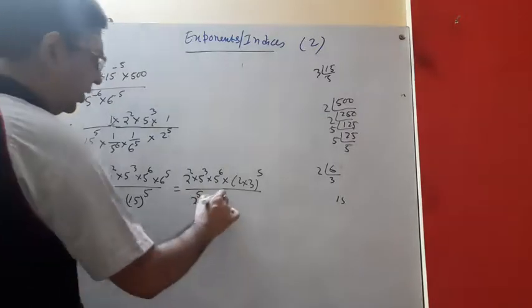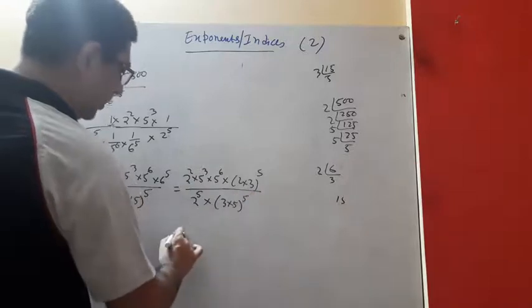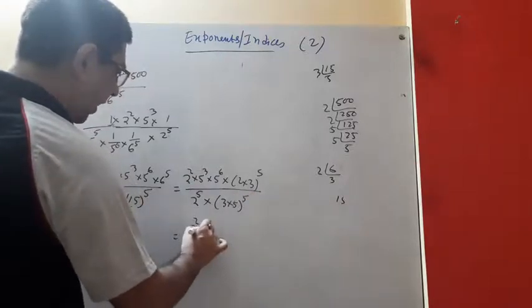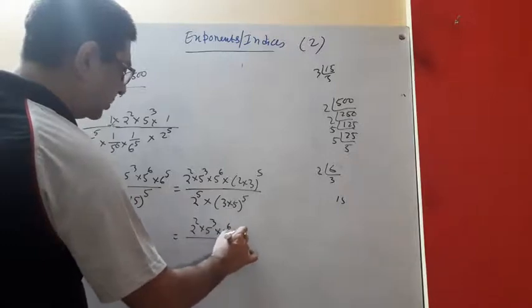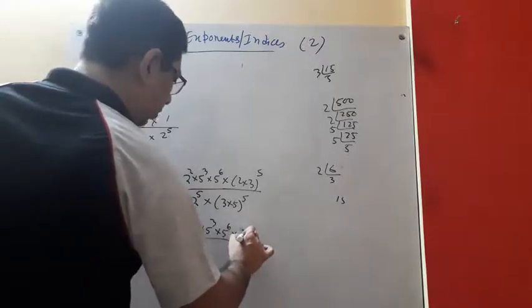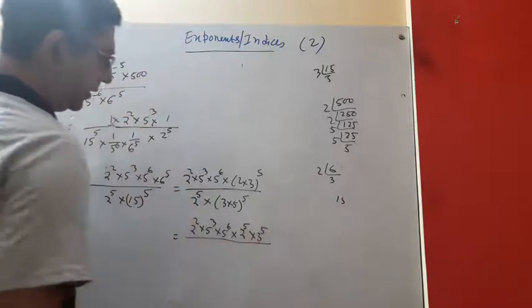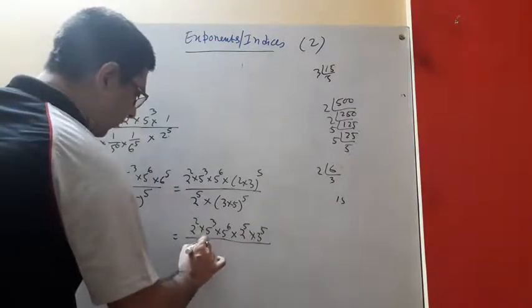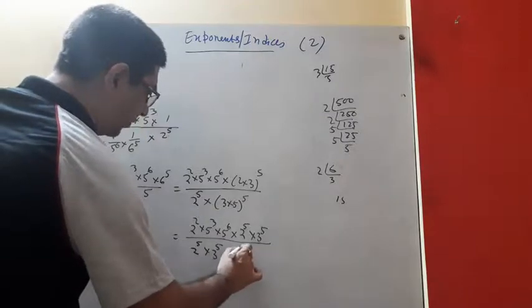Instead of 15, what will I write? 3 into 5 whole to the power 5. So we are getting 2 square into 5 cube into 5 to the power 6 into 2 to the power 5 into 3 to the power 5. And this is 2 to the power 5 into 3 to the power 5 into 5 to the power 5.